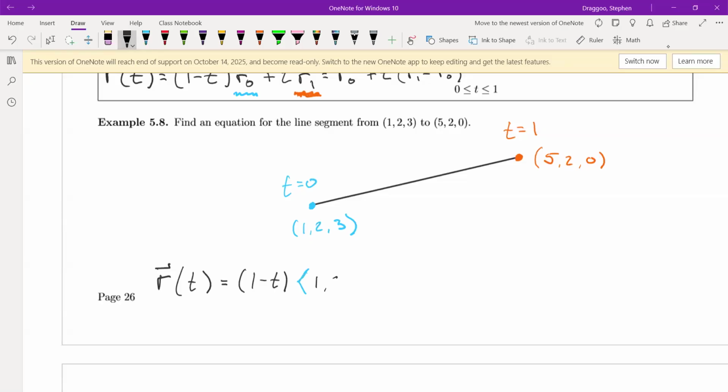That's 1, 2, 3. Plus t times my orange point, 5, 2, 0. And that gets me the equation of the line segment.